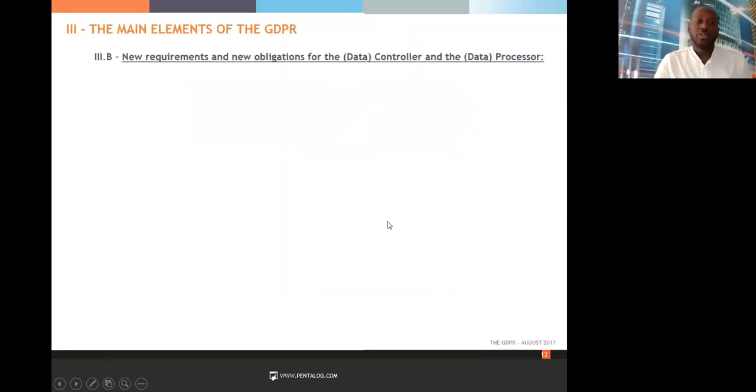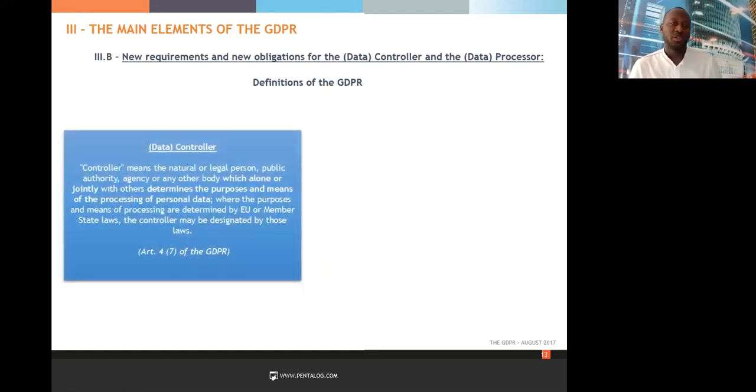So now let's talk about the new requirements and the new obligations for the data controller, which I will call the controller, and the data processor, which we call the processor here. Let's recall the definitions of the GDPR. The controller means a natural or legal person, public authority, which alone or jointly with others determines the purposes and means of the processing of personal data.